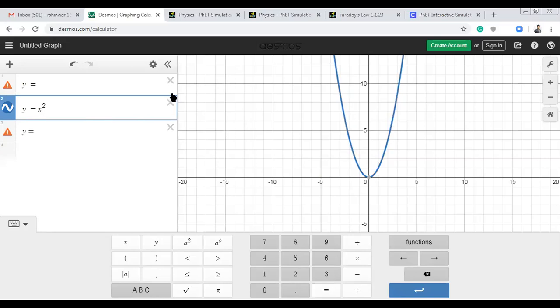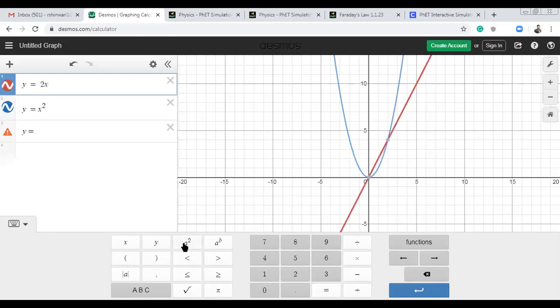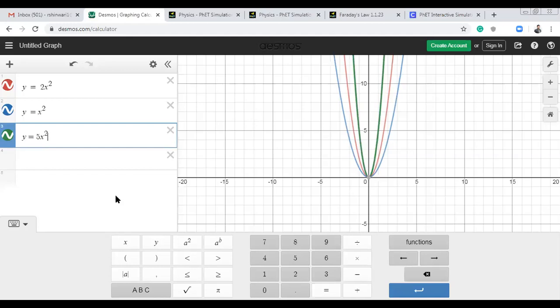the original function is x square. You want to multiply 2 with this. So the original was blue, correct? The red one, you can see here. If you multiply 4 or 5, 5x square, what happened to the graph?